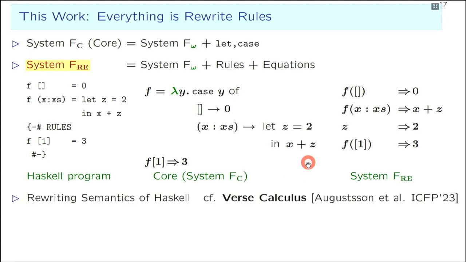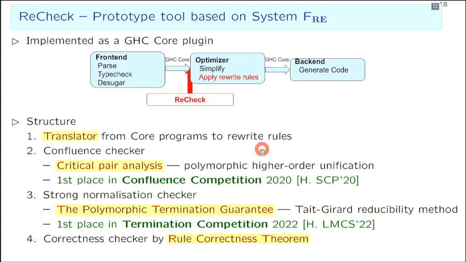The confluence checker is based on critical pair analysis, but in this case higher-order, so we implemented polymorphic higher-order unification to create critical pairs. The strong normalization checker is based on a new criterion called polymorphic termination guarantee, based on a reducibility argument. And correctness is by our theorem.